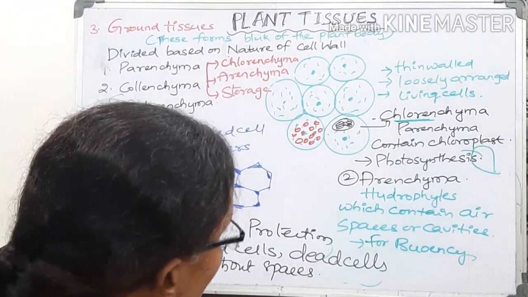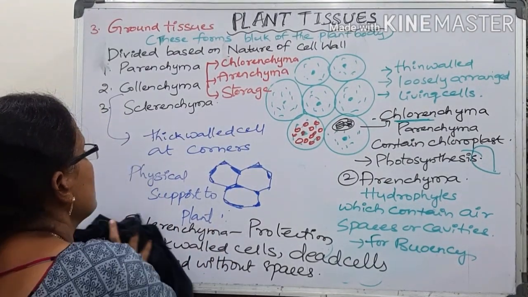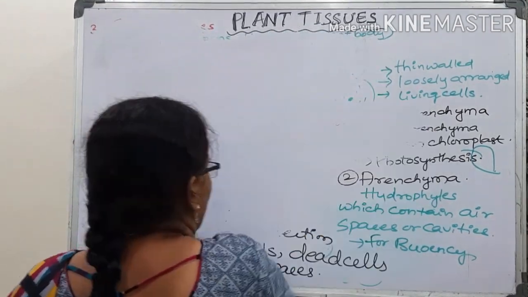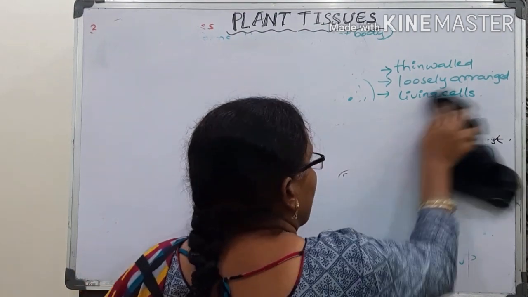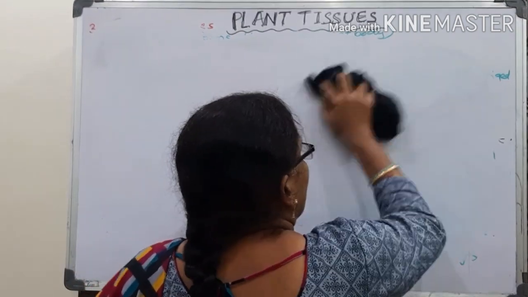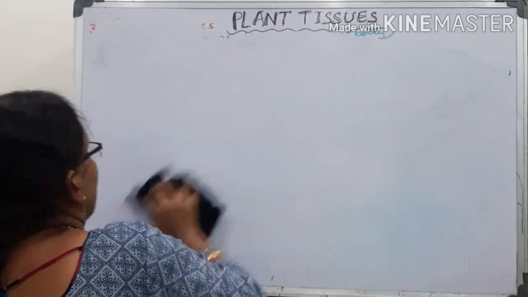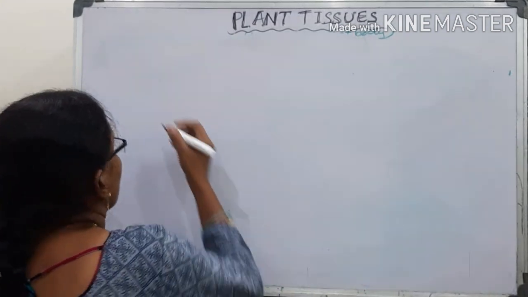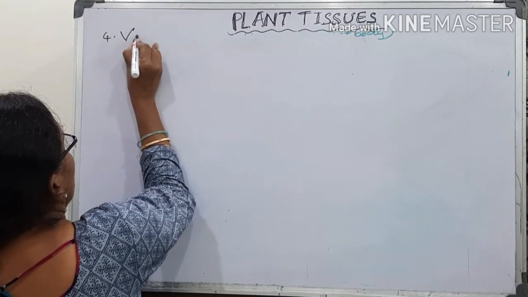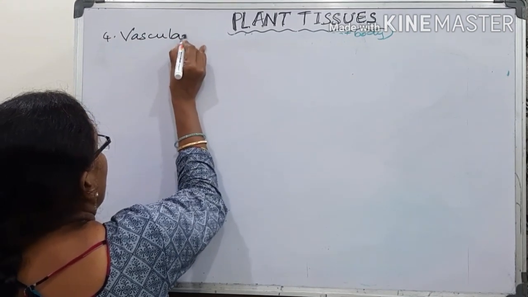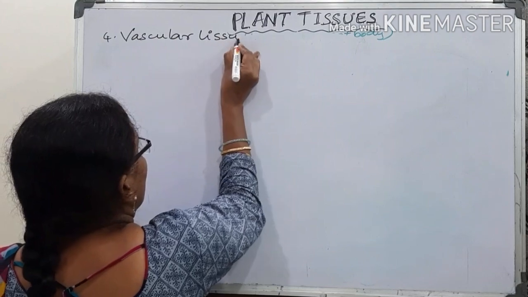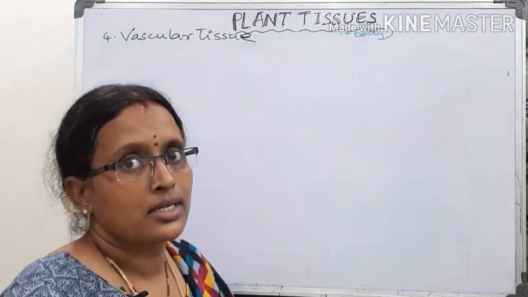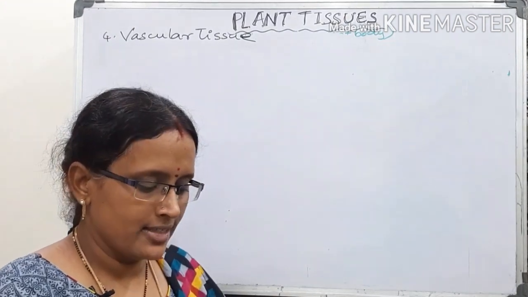And next, the last type of tissue in plants is vascular tissue. We know that plants prepare food materials on their own.